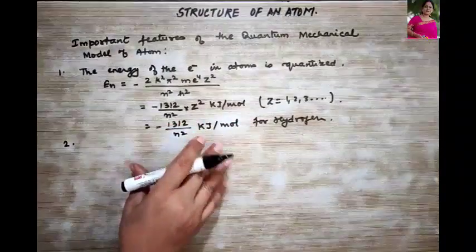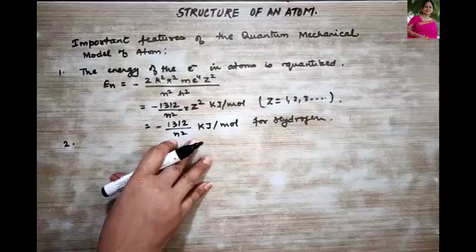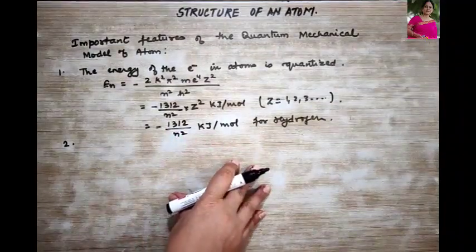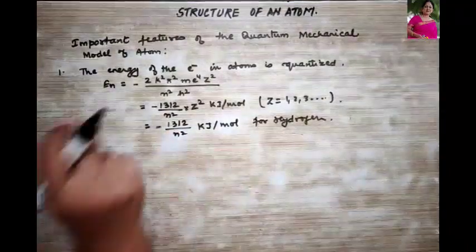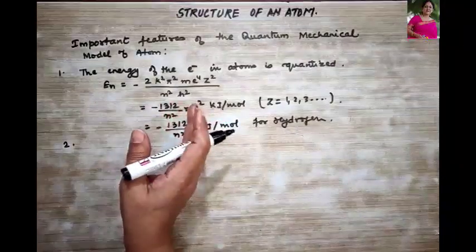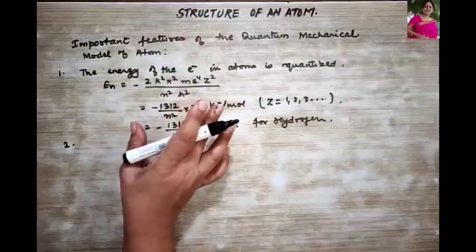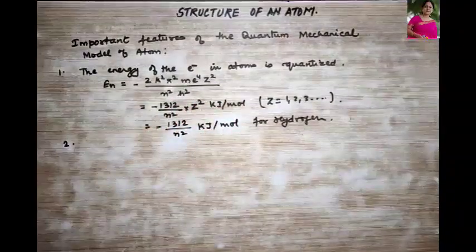So this region where there is maximum probability of finding the electrons is termed what? Atomic orbitals. Okay, this model does not specify the exact position and the momentum of the electron, and therefore we can say that this model is in accordance with Heisenberg's uncertainty principle, right?